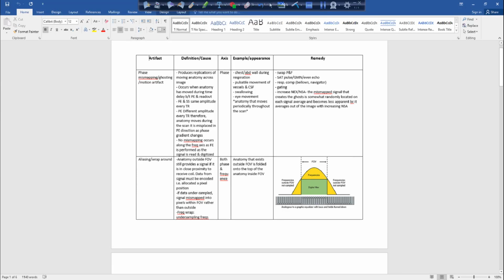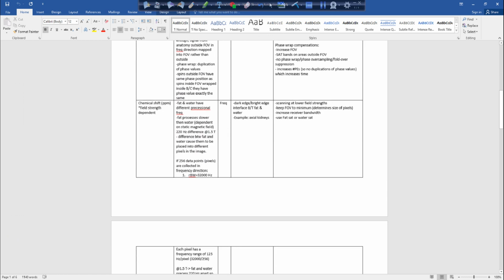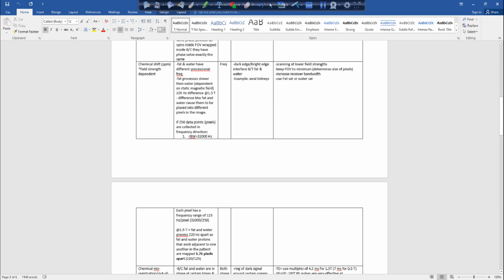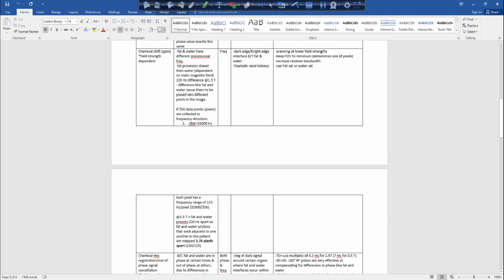Going back to the chart, make sure you know how to do a calculation or how to actually get the pixel shift depending on what your receiver bandwidth is and what the field strength is. Okay, so you should have 3 different things in the equation. You should have a field strength, which gives you your chemical shift because you know it's 220. You should have the frequency matrix. So here, 256.